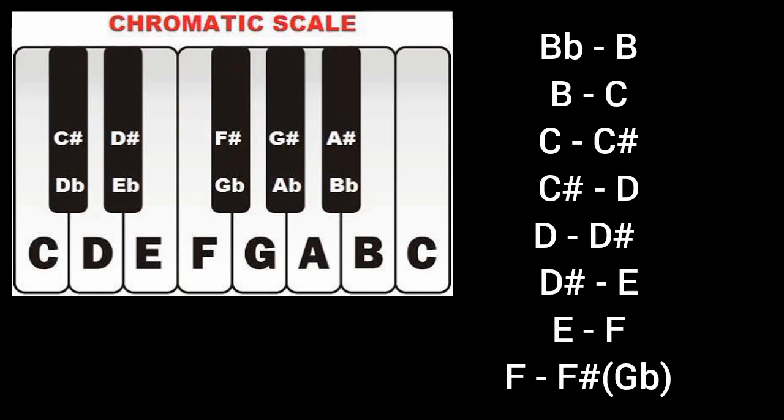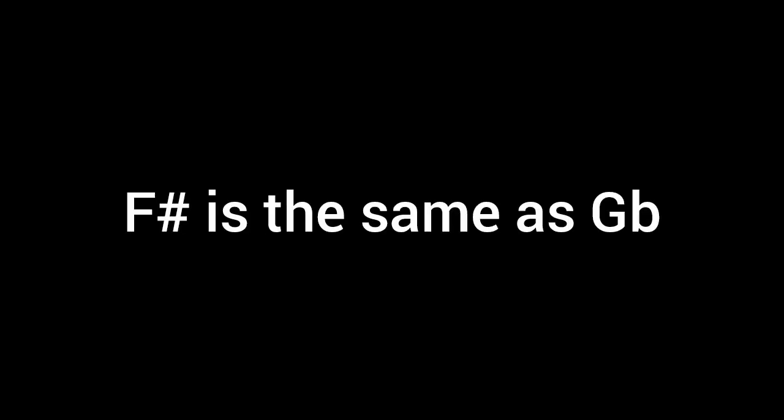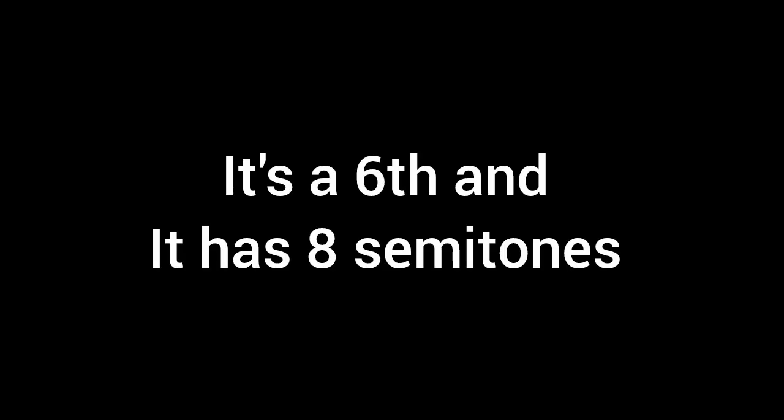From D we go to D sharp, that is 5. From D sharp we go to E, that's 6. From E we move to F, that's 7. From F we go to F sharp, that's 8. Now take note that F sharp and G flat are the same, so once we get to F sharp, it's the same thing as G flat, so that's where we stop. So that was 8 semitones from B flat to G flat.